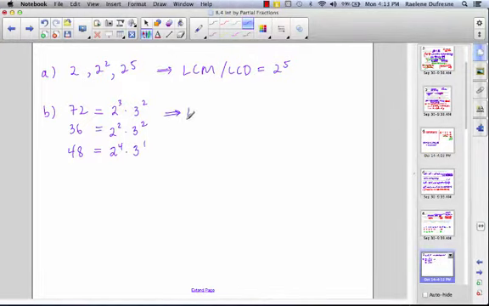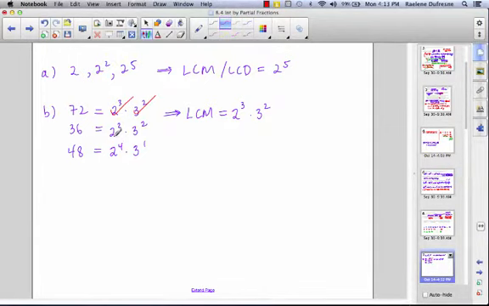From here, the lowest common multiple or lowest common denominator, well, I'm going to take inventory. I need at least 3 2s and 2 3s. And that way we can say that the 72 will divide evenly.